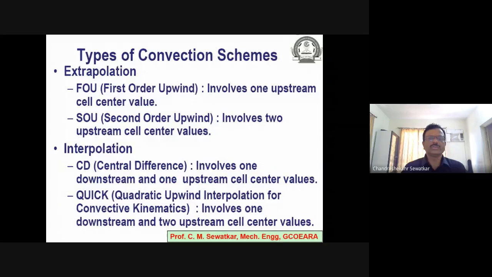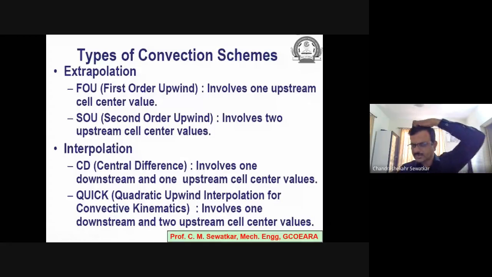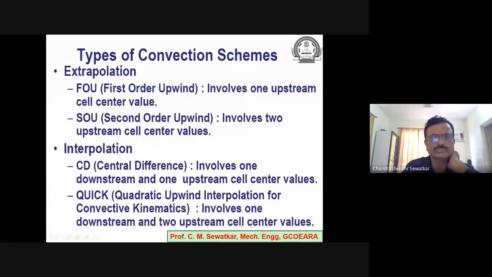So similar to this FOU, there are other extrapolation schemes also, and there are two interpolation schemes which are popularly used in all the software. The first order upwind scheme involves one upstream cell center value. Similar to that, there is a second order upwind scheme which involves two upstream cell center values.